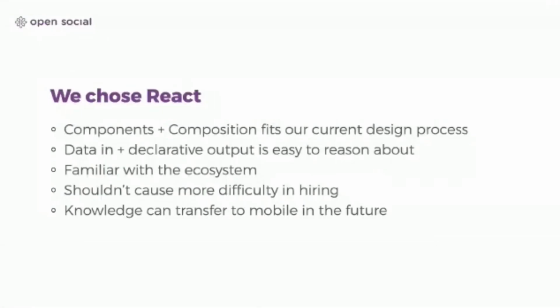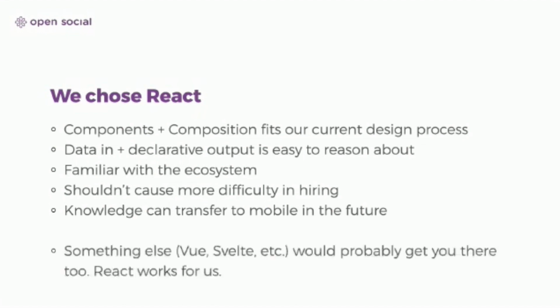We already have some React components in the Open Social distribution. We also see that React won't cause additional problems with hiring skilled developers. An additional benefit that we see is that we may be able to transfer knowledge to mobile application development in the future. Having said that, something else like Vue or Svelte.js would probably also get you there, but React is just what works for us.